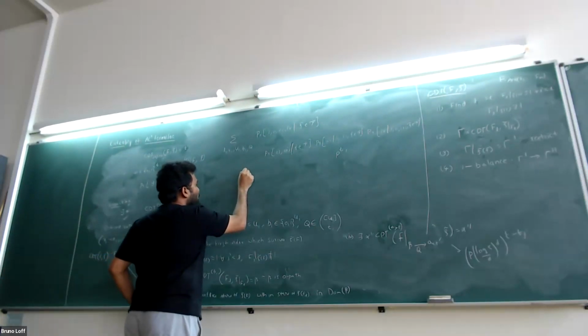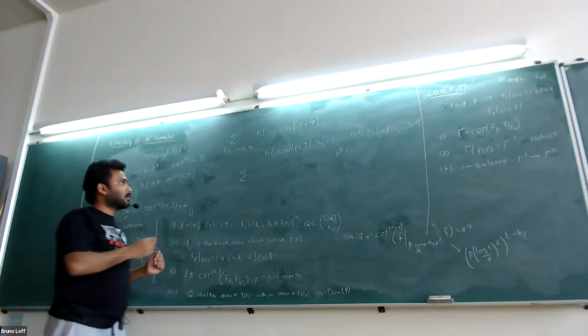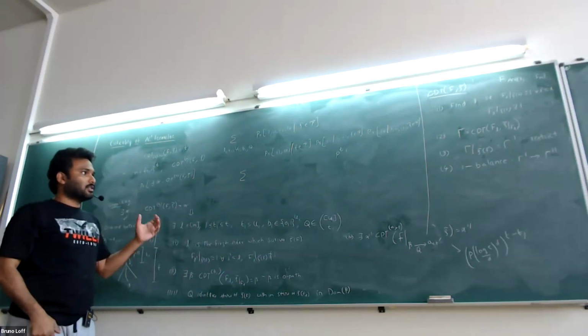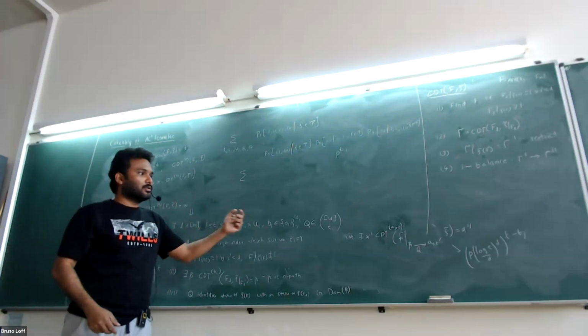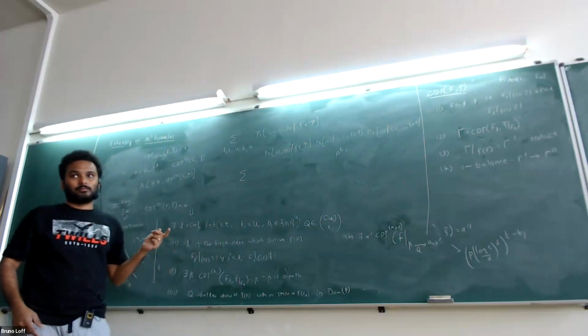And then you have this huge summation over this object, which when summed up, you want to get a P log s by d whole power T1.